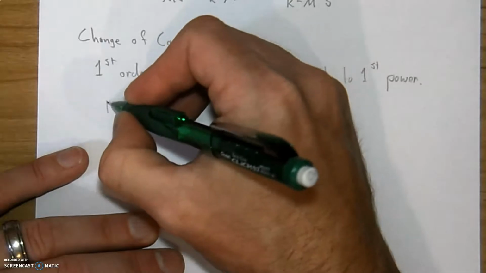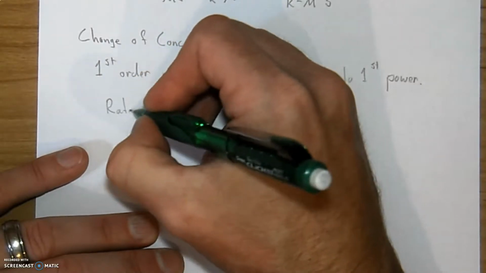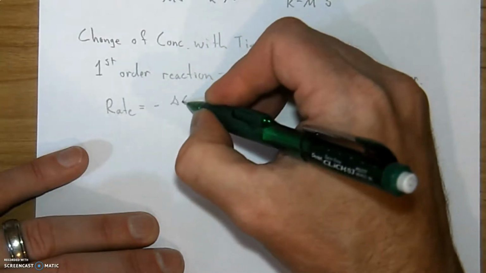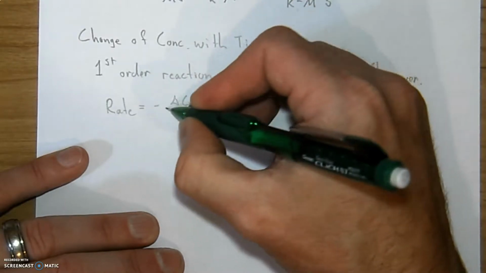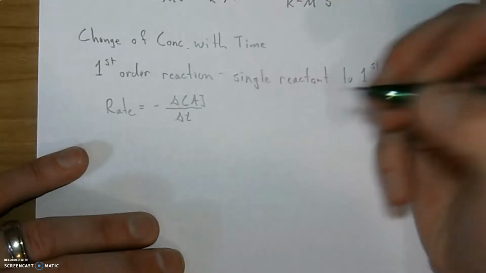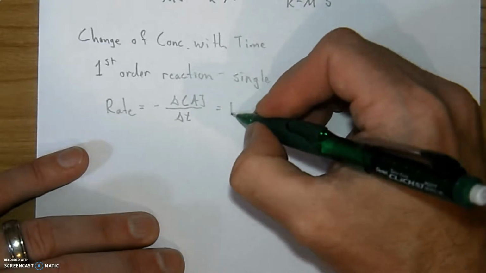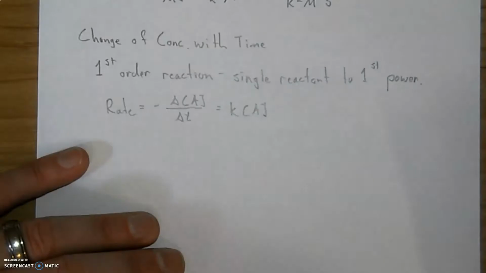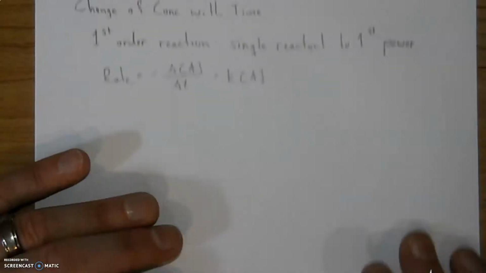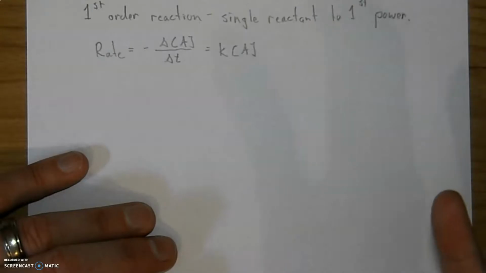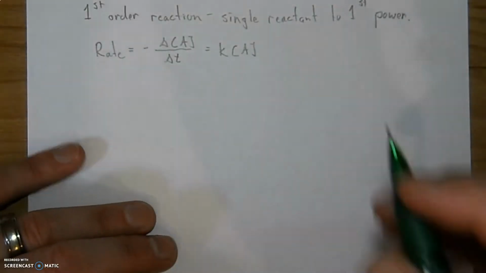To write this out and see what we're looking at here, we'll say rate is equal to the loss of that reactant A with a given amount of time. And what the rate law would look like for that is k times A raised to the first power. Now this is going to sound a lot more complicated than it actually is or needs to be, so don't worry about what this is going to sound like.